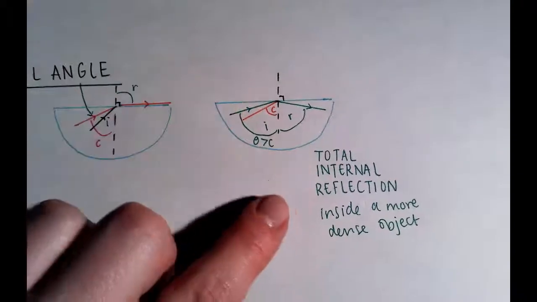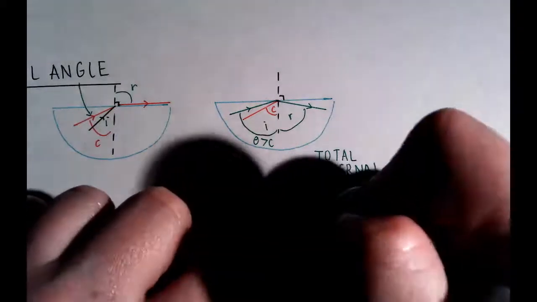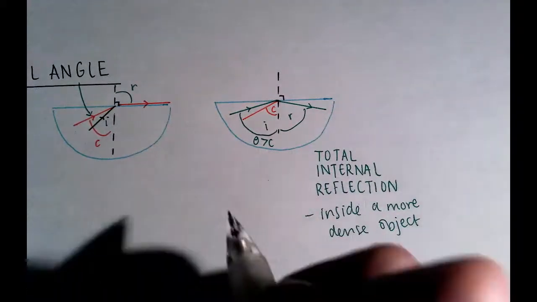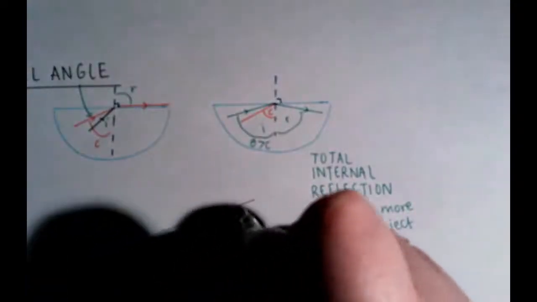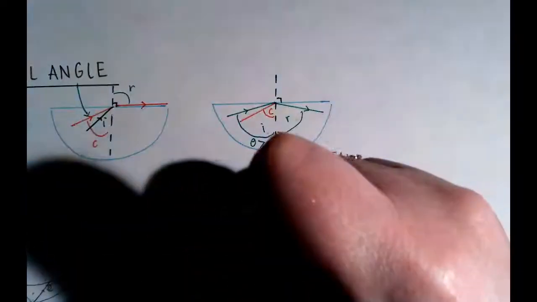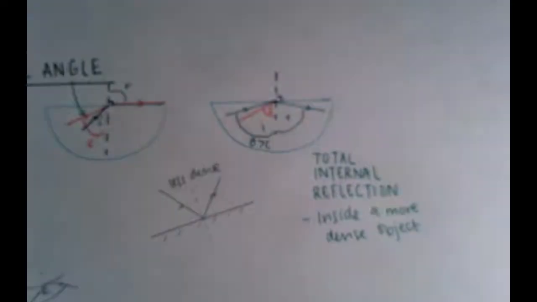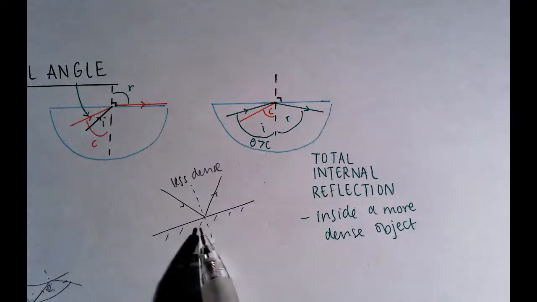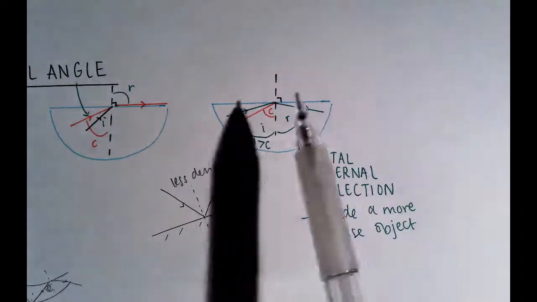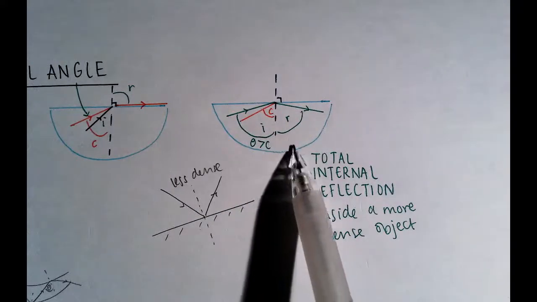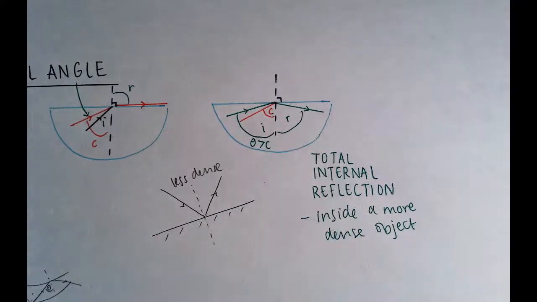Total internal reflection happens inside of a more dense object, whereas with normal reflection, if this is the surface of my mirror, this is the back of my mirror, and my normal line's here, and it reflects like this, this is in a less dense medium that it's travelling in with normal reflection, because the mirror is more dense. But total internal reflection is a special case where it's trapped inside of the more dense object.